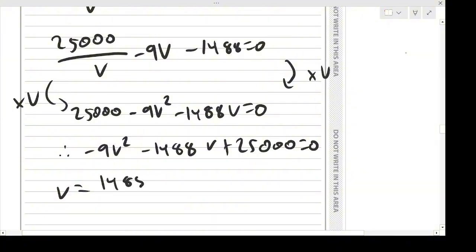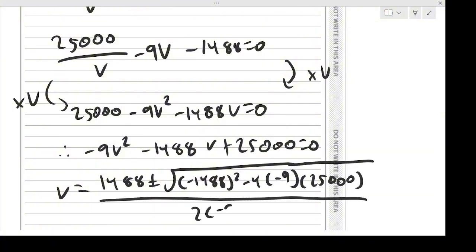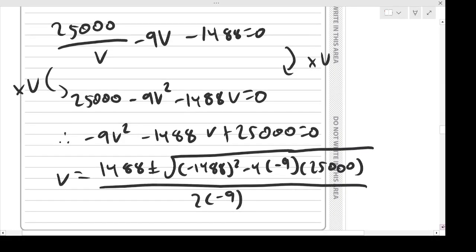To show my working really quickly, if I just note down the quadratic formula, it's going to be 1488 plus or minus the root of minus 1488 squared minus 4 lots of minus 9, 25,000, over 2 lots of minus 9.